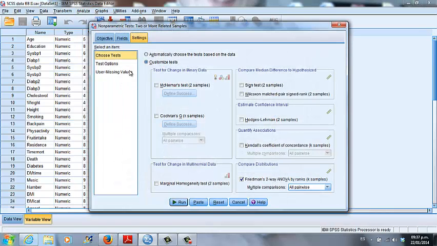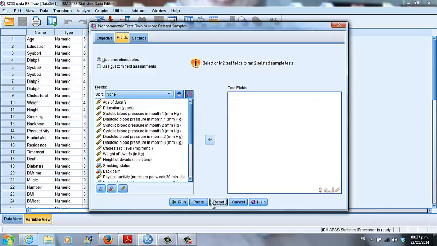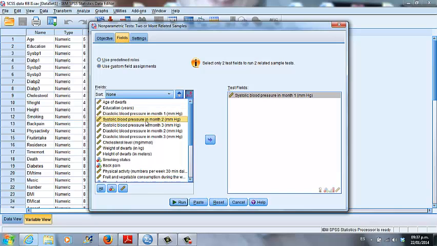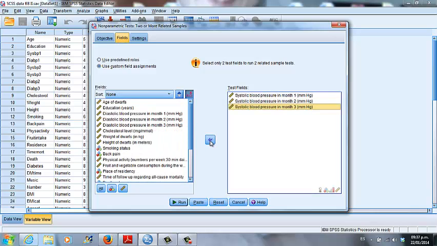We click on related samples and go to fields. I had already pre-selected the blood pressure values, but in that case we select systolic blood pressure month 1, month 2, and month 3, because we know that the systolic blood pressure variables are not following a normal distribution.